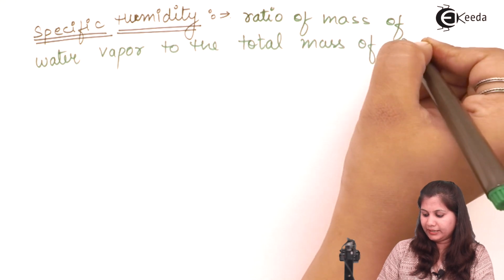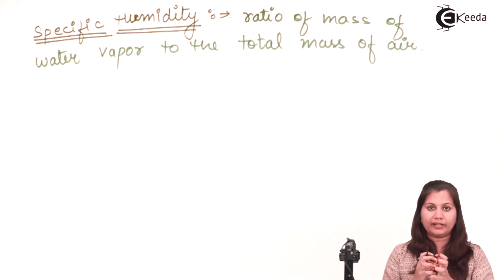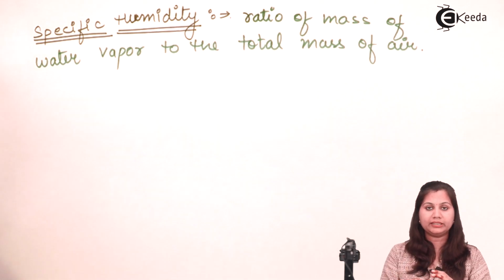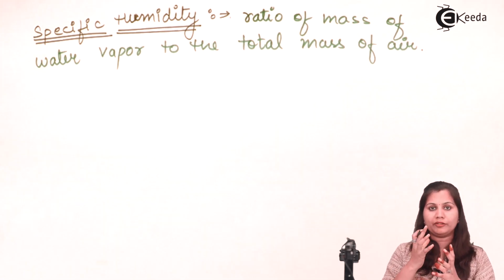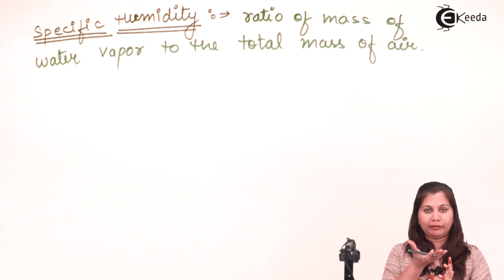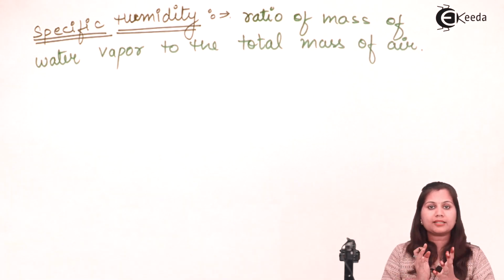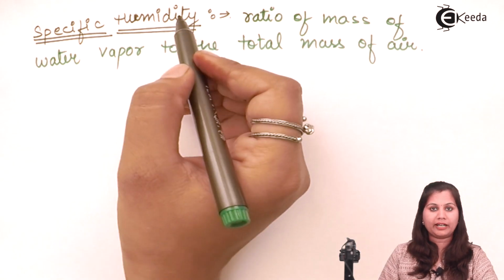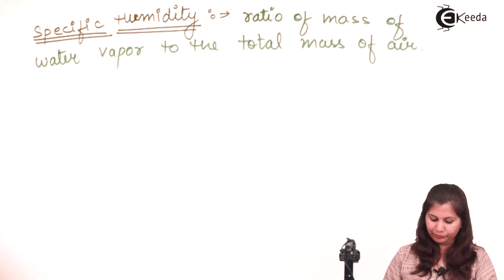So if we are taking an amount of air and we want to find out the specific humidity in that, what will we measure? We will measure the mass of the water vapor present in that air plus the total mass of that air. Okay, so that is defined as the specific humidity.